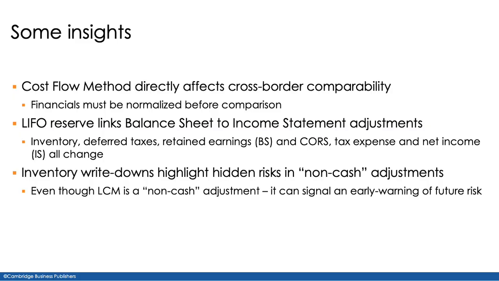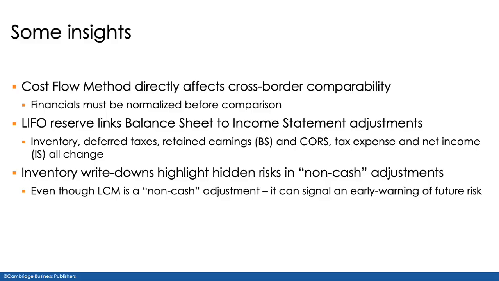So here are some insights into these adjustments that might be spurred by the disclosures. You can see here that the cost flow method chosen will directly affect whether or not, as an analyst, you have cross-border comparability. You have to normalize your financials with specific consideration of inventory cost flow method before you can compare 2 companies.